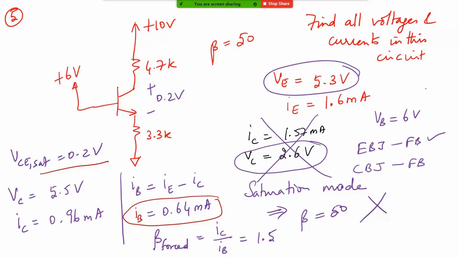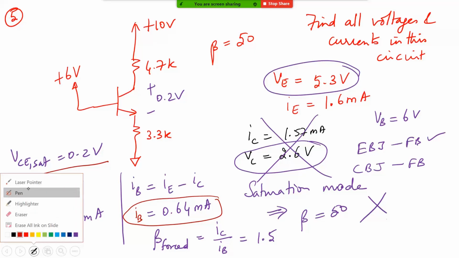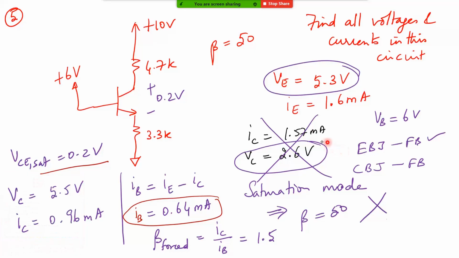So how do we catch if it is in saturation? The way we did it was we assumed that it is in the forward active mode. That's what we did for the first 4 problems that we solved in today's class. We went ahead and solved it, and we found out that VC is 2.6 volt, which is lower than the emitter, and also lower than the base voltage.